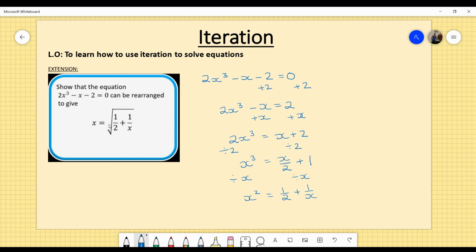It now looks much more like what I want. And my last step is to make sure that I have an x on the left-hand side, so I would square root both sides, and that would give me x equals the square root of a half plus 1 over x.